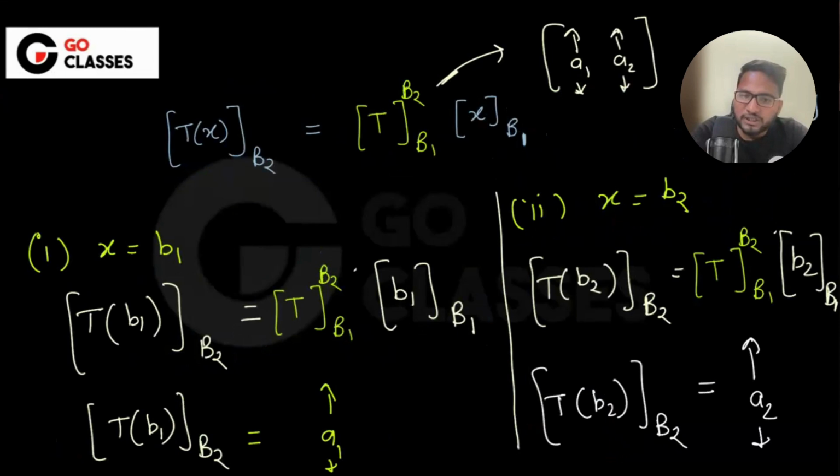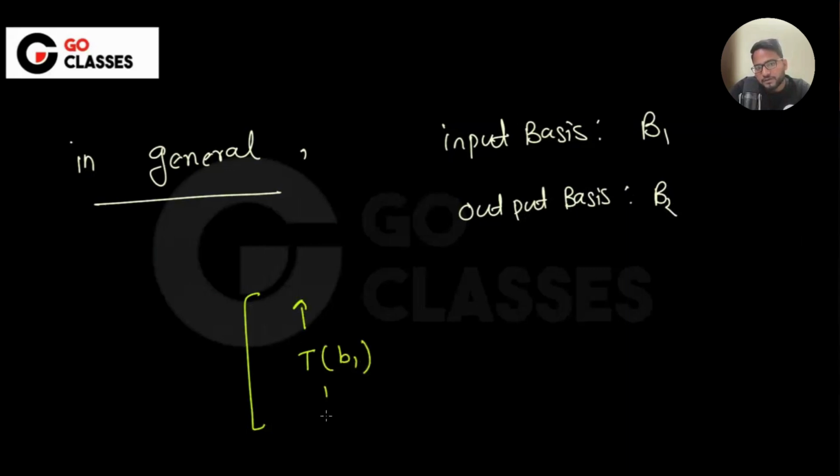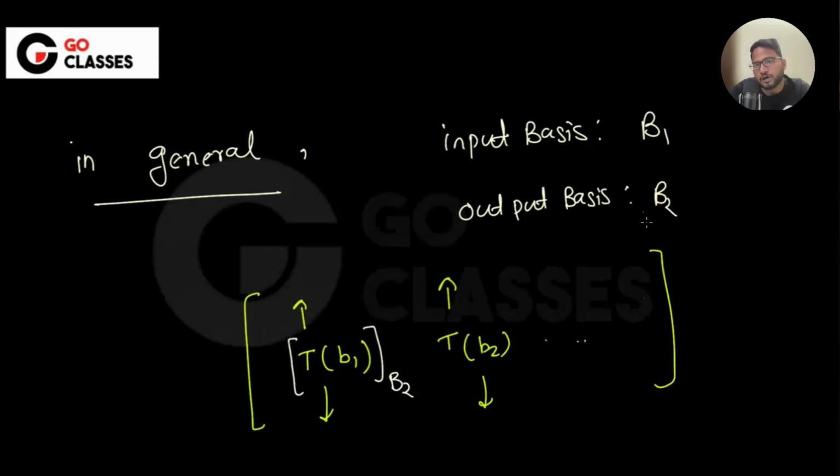Okay. So in general, what we can say is, if the input basis is B1 and the output basis is B2, then the matrix that we get corresponding to this transformation T is nothing but the transformations of the input basis vectors, that is, the transformation of B1, the transformation of B2, and so on, and then ultimately taking these with respect to B2, because ultimately I want it in the B2 basis.